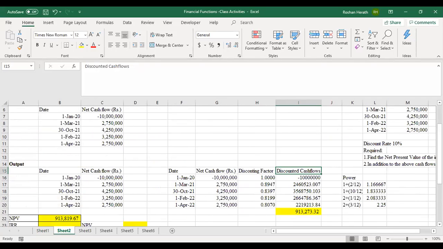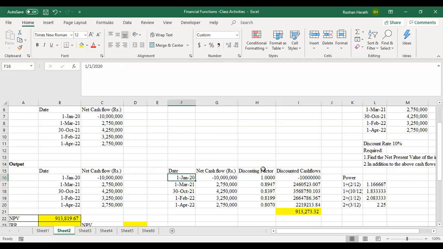But in the presence of irregular cash flows, the difficulty comes with the identification of the discounting factor. For example, if you go to the cash flow that occurs on 1st of March 2021, you can see that from the beginning of the project, it occurs after 14 months time.